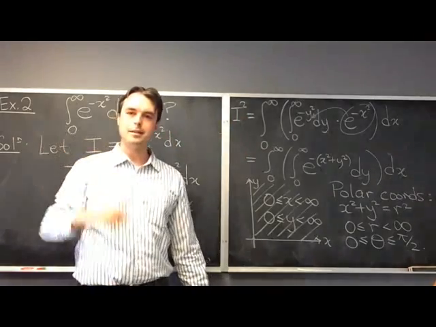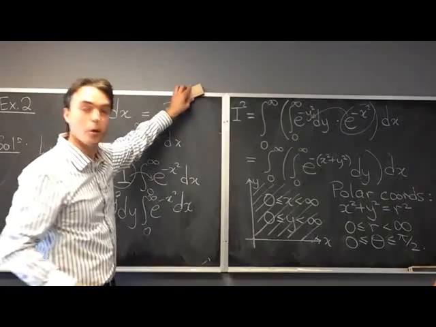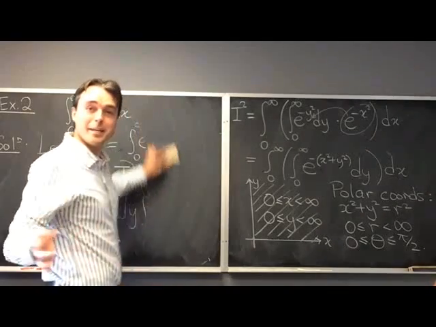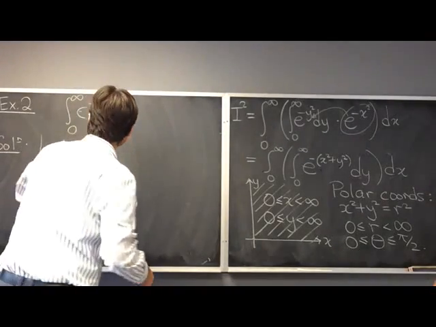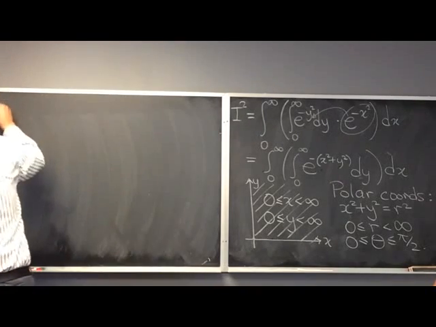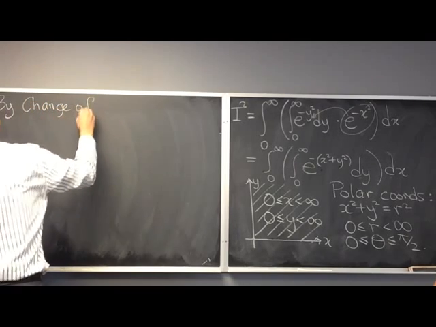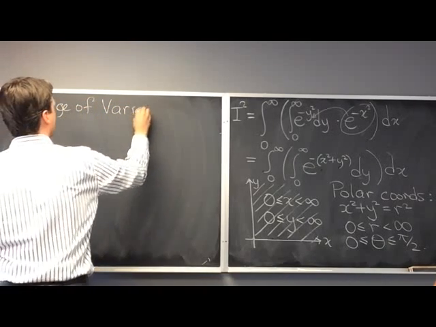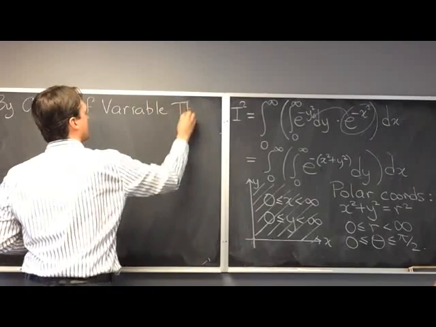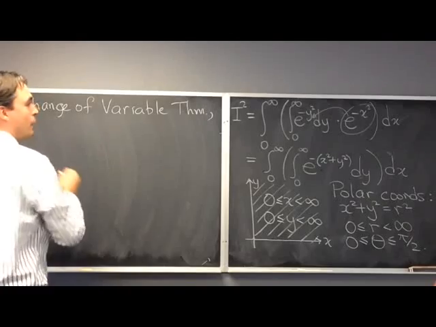All right, and we've calculated the Jacobian before for polar coordinates. That's a well-known Jacobian. So we could use the change of variable theorem to get the following.